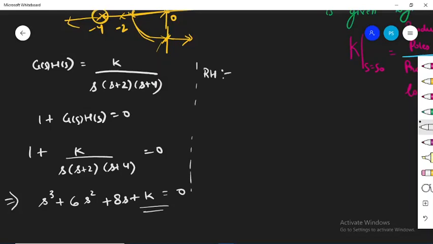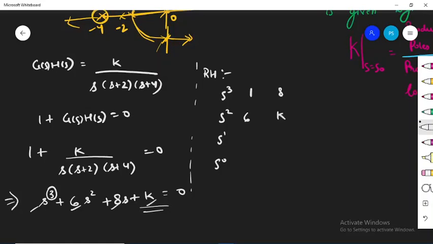So the Routh array for this will be, first we draw the first column: s cube, s square, s to the power 1, s to the power 0, because the highest power of s is 3. Now the coefficients: here it's 1, here it's 6, this one is 8, and this one is k.